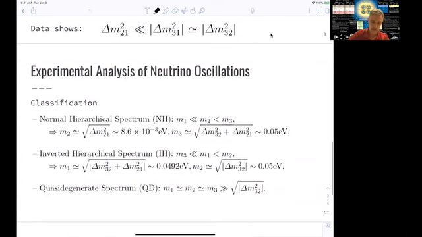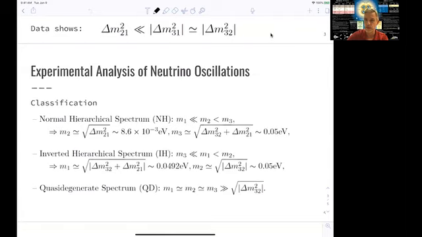If we look now at the numbers for the normal hierarchy spectrum, we find that the mass of the first is much smaller than the mass of the second, which is a little bit smaller than the mass of the third. Numerically, we find the mass of the second is on the order of 8 times 10 to the minus 3 electron volts, and the mass of the third on the order of 0.05 electron volts.